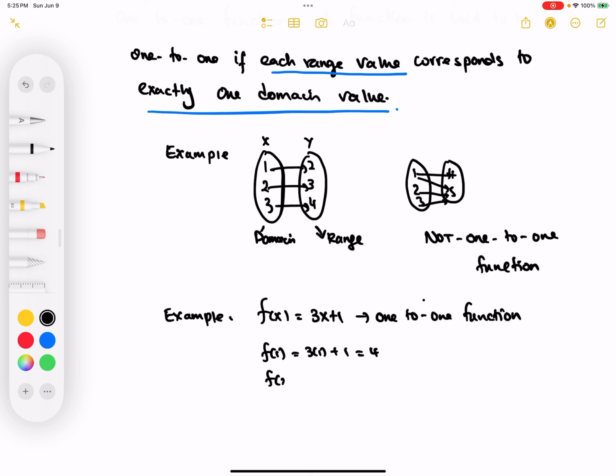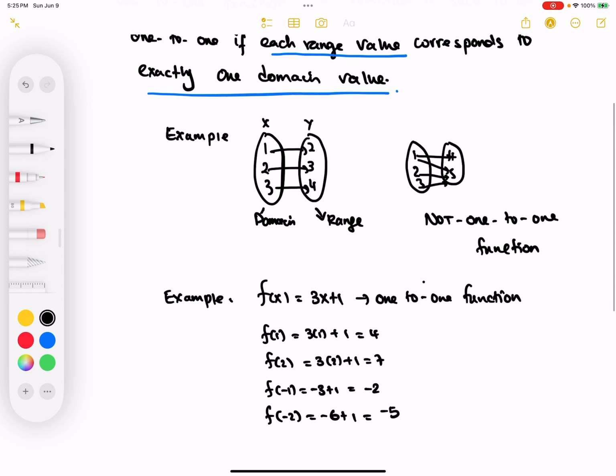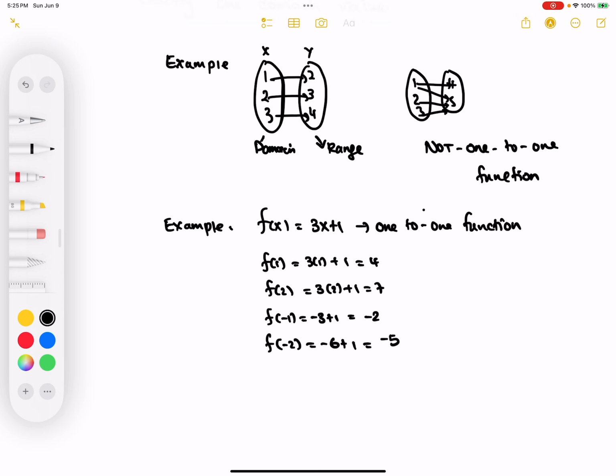F of 2 is 3 times 2 plus 1, which is 7. F of negative 1 is negative 3 plus 1, which is negative 2. F of negative 2 is negative 6 plus 1, which is negative 5. So unique values of x and y. So these are one-to-one functions.